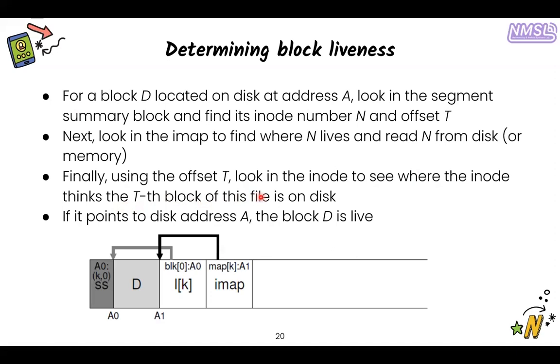Right? So you're tracking what the inode tells you. If it points to this address A, then block D is live, so you know the information here is legit. If it's pointing to somewhere else, then that's garbage, right? Nobody's using it. There's nothing pointing to it. So again, common sense.